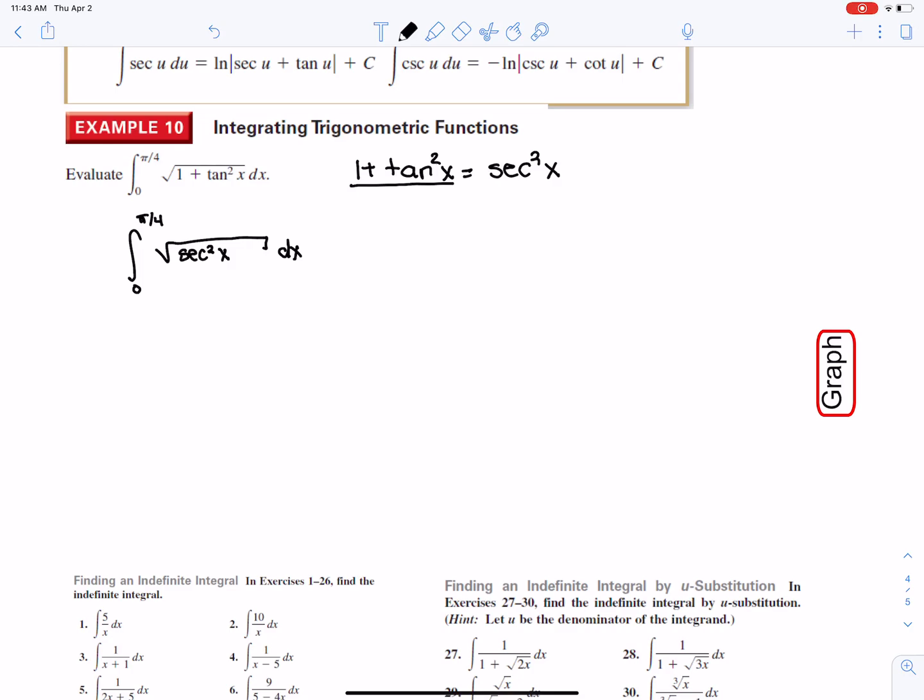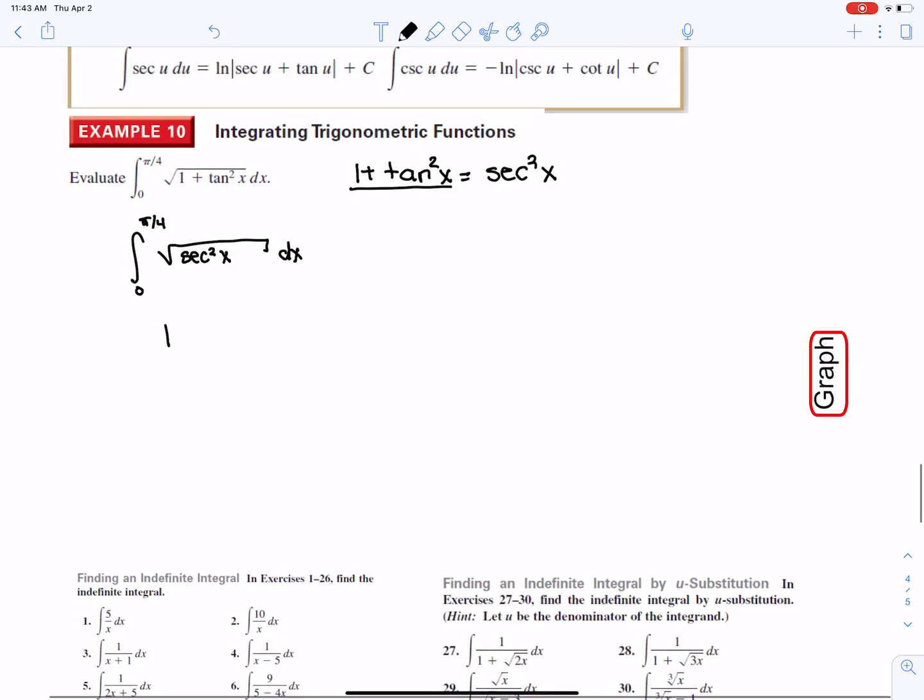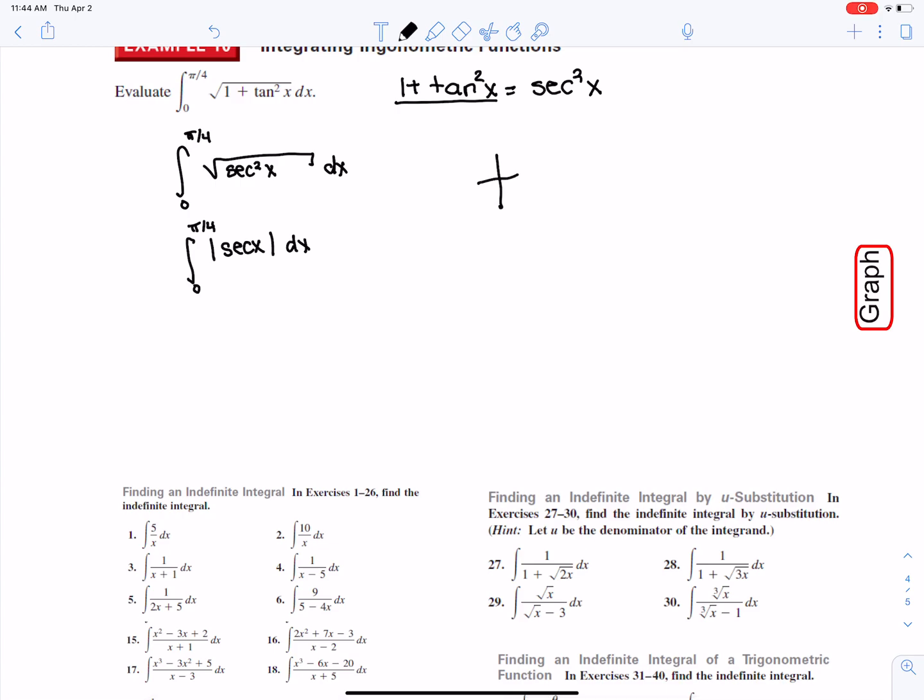The square root of sec squared x becomes absolute value of sec x. Now, from 0 to pi over 4, secant is always positive, because secant is related to cosine, and cosine is positive in quadrant 1. And 0 to pi over 4 is in quadrant 1. So I'm going to drop the absolute value, because it's the same thing.